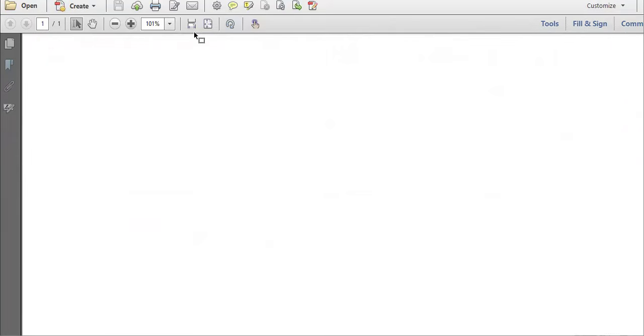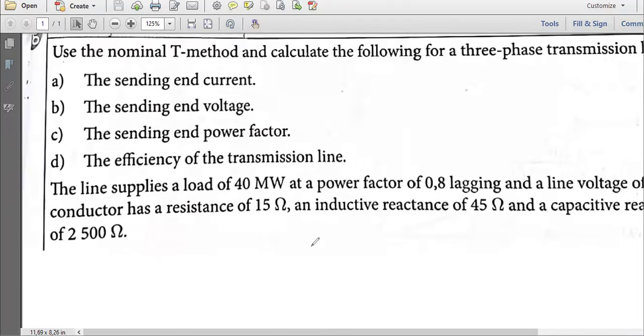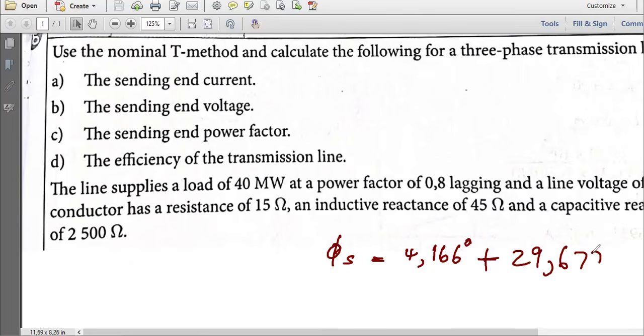But in this case, you combine those. Meaning our angle at the end is 4,166 plus 29,677 degrees. Adding, that gives us 33,843 degrees, which we can now use to calculate the sending end power factor.